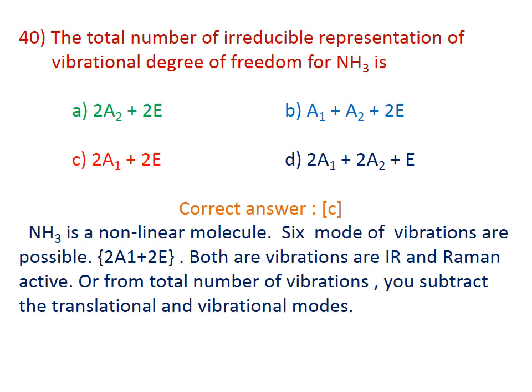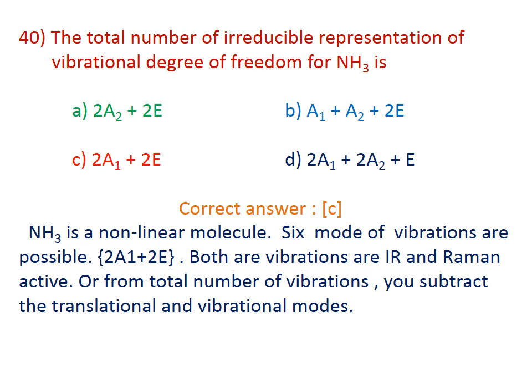Or we can calculate: you must know the total number of vibrations will be equal to tau total minus tau translational plus tau rotational. The total is 3n.